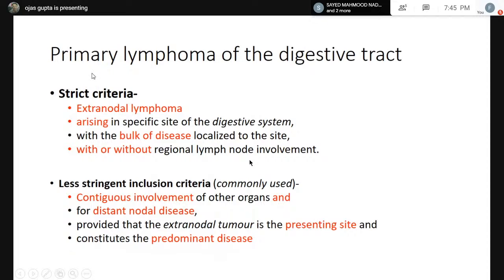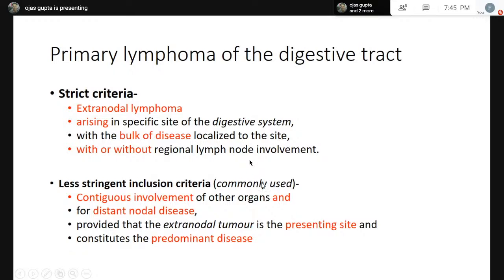So, when do we say that a primary lymphoma is of the digestive tract? There are two basic criteria. The strict criteria says that the lymphoma should be extranodal, it should arise in a specific site of the digestive system, with the bulk of the disease localized at that site, with or without regional lymph node involvement.